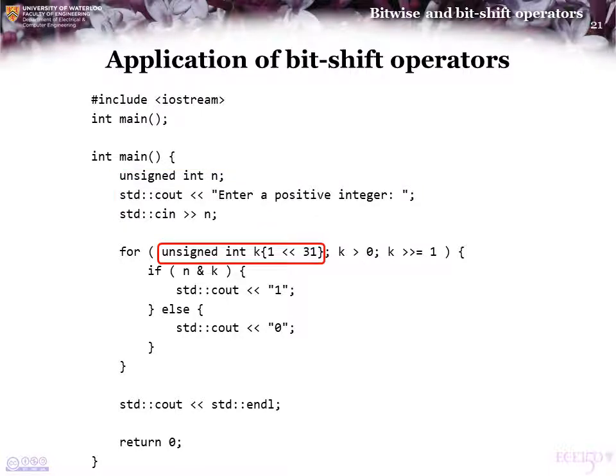Now here, k is initialized with the value 1 left shifted by 31. Now k is an unsigned integer, so it occupies 4 bytes or 32 bits. With 32 bits, 1 is all zeros except for a 1 in the rightmost bit.